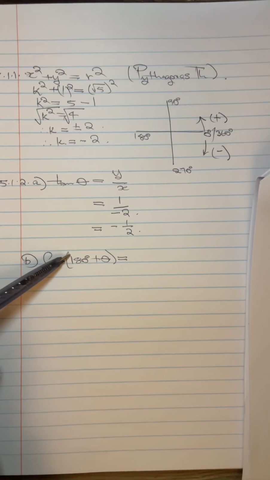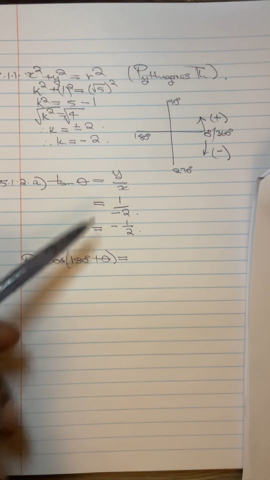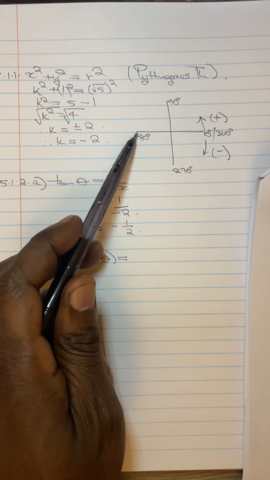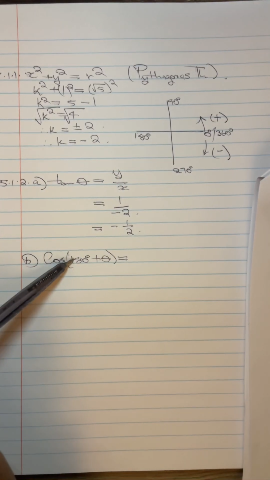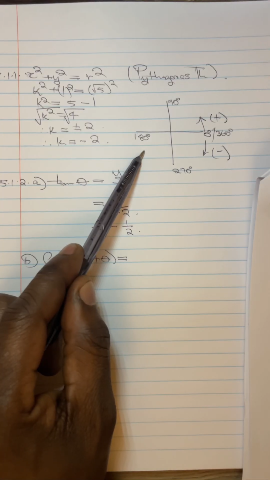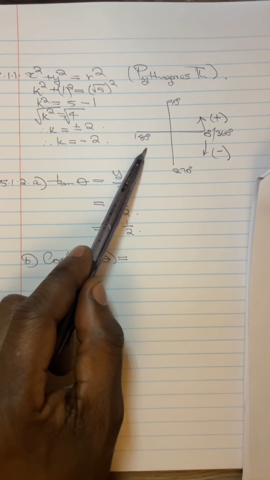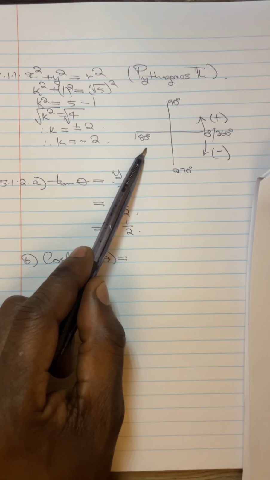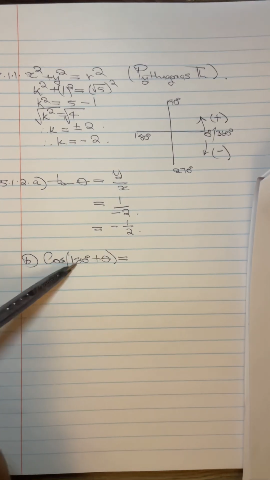So for cos of 180 plus theta, we go to 180 simply because we have 180 plus, moving counterclockwise, and theta, under the assumption that it's an acute angle, we have the angle lying in the third quadrant. That's 180 plus theta.